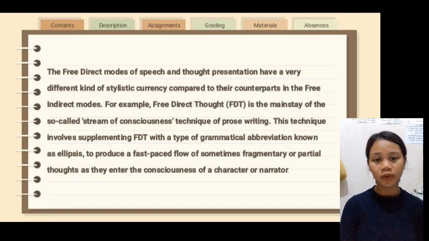This technique involves showing the thoughts of characters or narrators directly, often using ellipses to shorten the sentences and create a rapid flow of partial thoughts, giving readers insight into the character's mind. It's like taking a peek into someone's thoughts as they occur without any filtering or interpretation by the narrator.